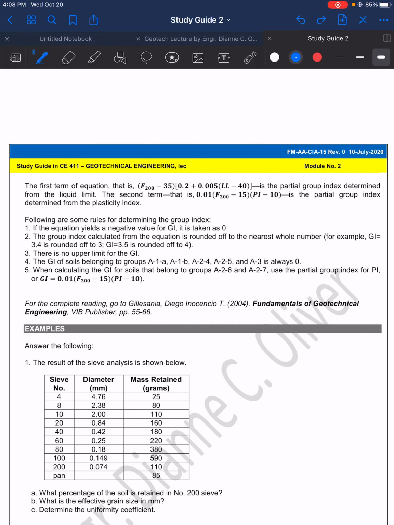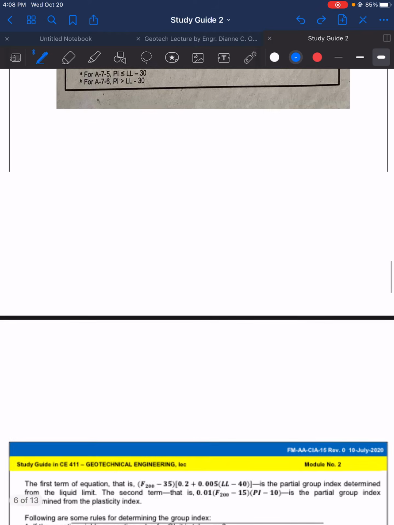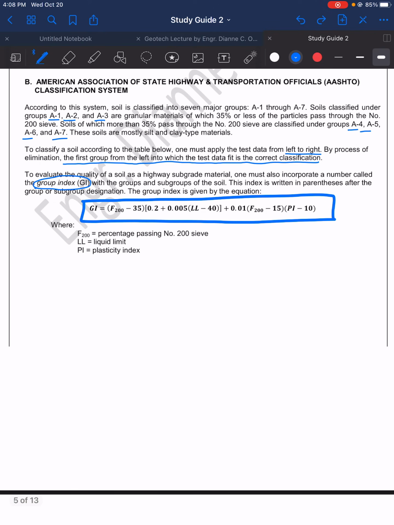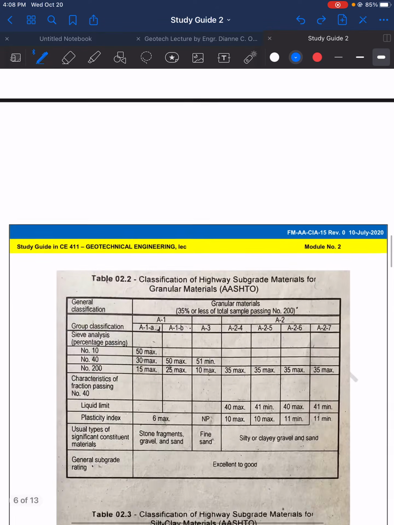It is the partial group index determined from the plasticity index. Okay? So again, from this formula of GI, the first term is for the liquid limit, considering the liquid limit, partial group index. And the second term is a partial group index, considering the plasticity index.